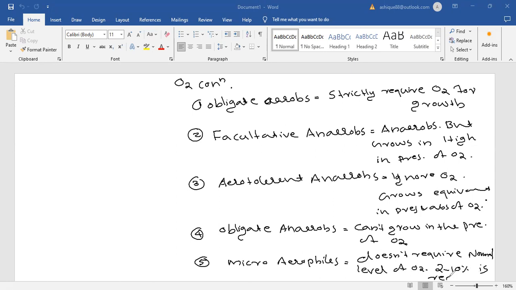In this manner, we can classify the microorganisms on the basis of oxygen concentration.